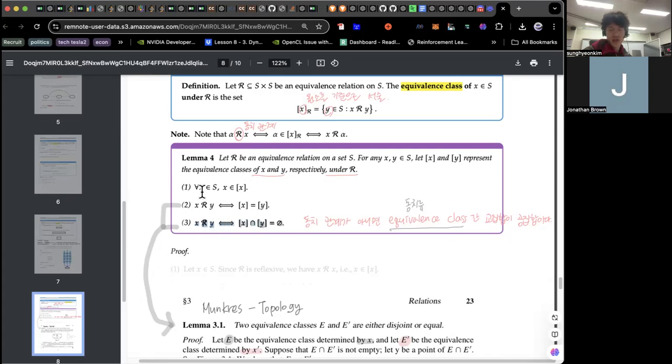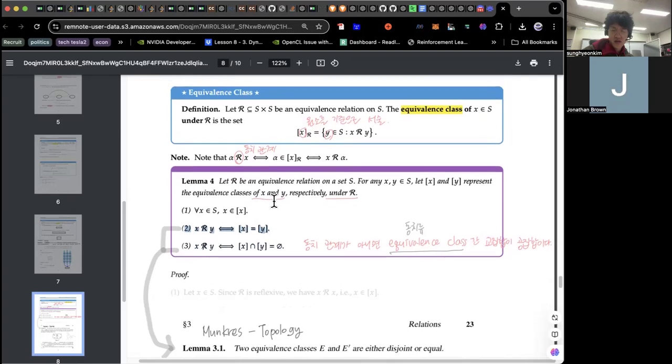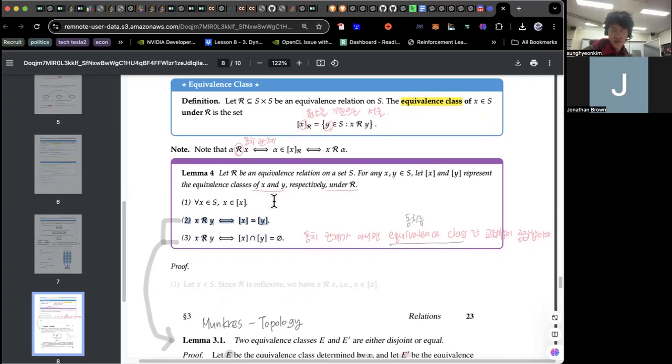Can you say the second thing once again? Let me read real quick and make sure I'm saying things right. If X is related to Y by R, and an element S is in the equivalence class of X under R, then that implies that S is equivalent to X under R, correct?